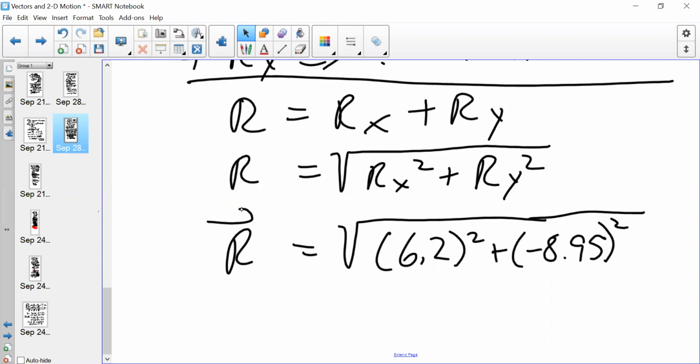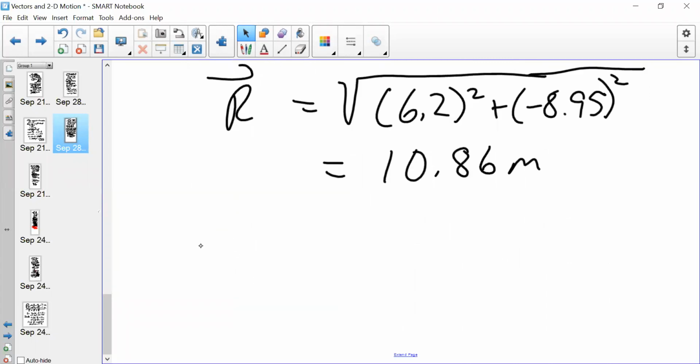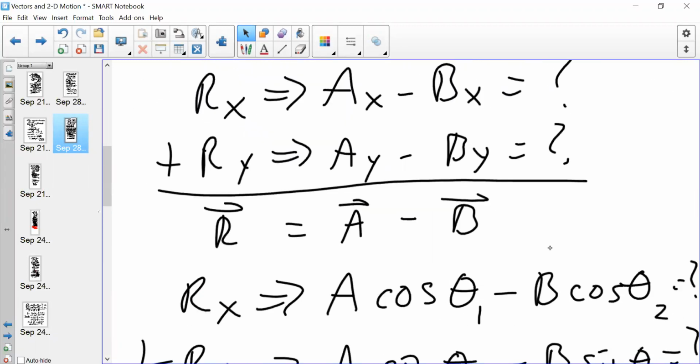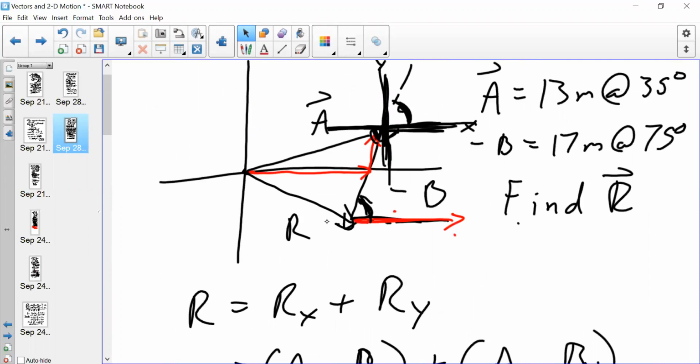Square root of 118. That's roughly 10.86 meters. So that's magnitude. Direction: Ry over Rx. You can already tell that the angle is going to be negative, and that actually goes back to our geometry of how we drew R. It's going to have a negative angle here, because if we take from the x-axis and go the opposite way, clockwise, negative, right?